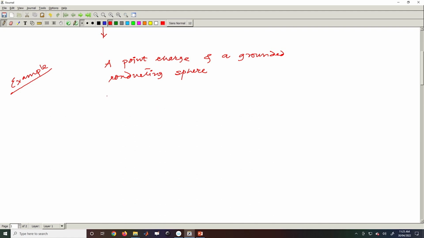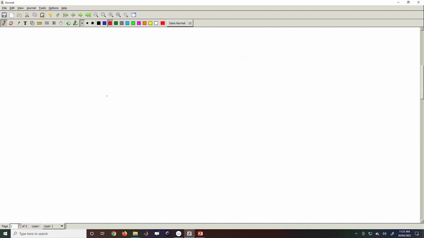So, this is the system, so let us first draw it. We have a conducting sphere like this, and suppose a point charge is placed somewhere here. This is the point charge, and the sphere is grounded, so the potential over this sphere should be 0.